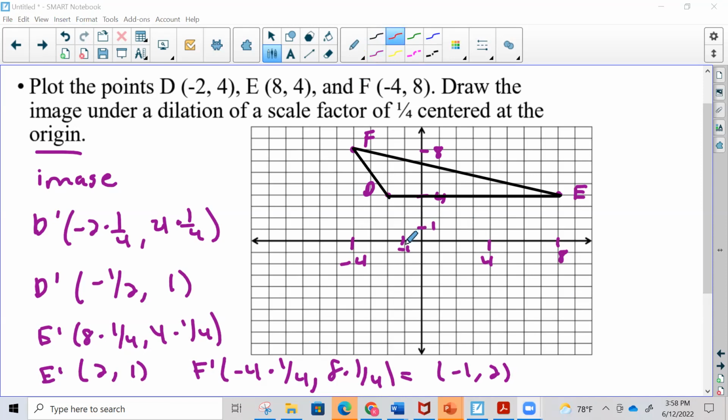So D is at negative 1/2, so that's halfway, 1. That's D prime. E is at 2, 1. So that's E prime. And then F prime is at negative 1, 2.